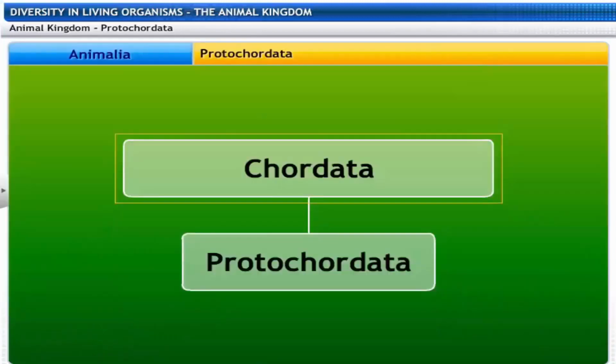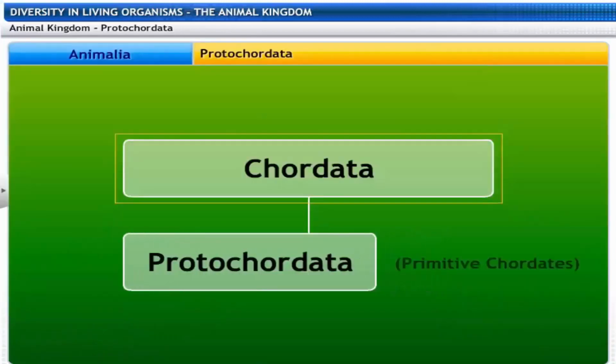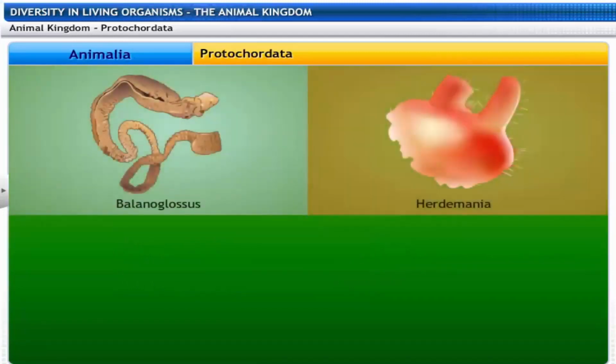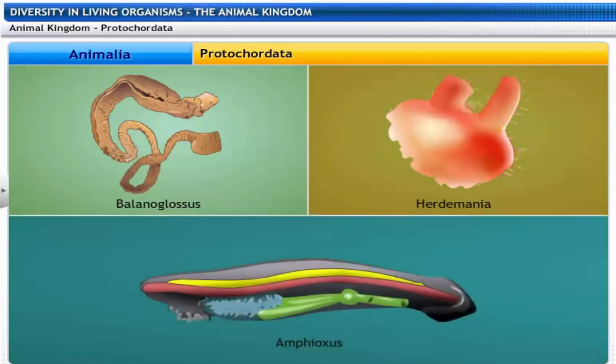Protochordata belong to the phylum Chordata and are primitive chordates. They include Balanoglossus, Herdemania, and Amphioxus. Protochordates are marine animals.